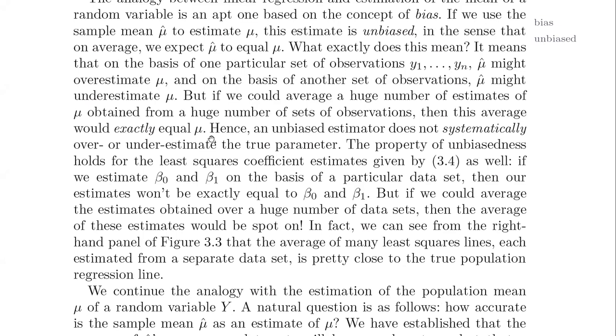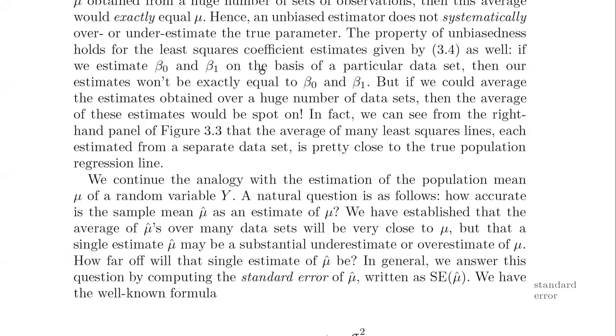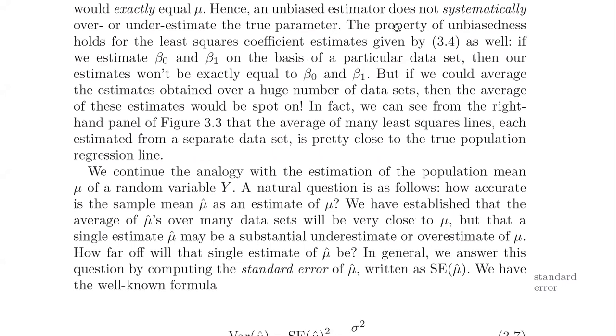It's quite a lot to get your heads around, but think of many people going out and collecting their own data set. The average of the means of all those data sets should exactly equal the true population mean. The overestimating and underestimating kind of zero each other out. Hence, an unbiased estimator does not systematically over or underestimate the true parameter.